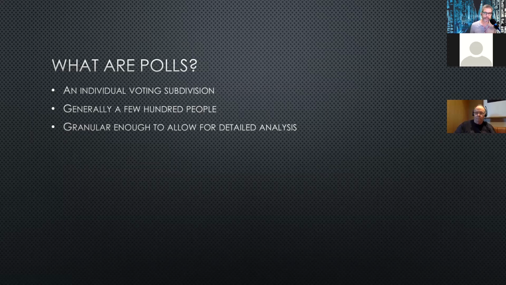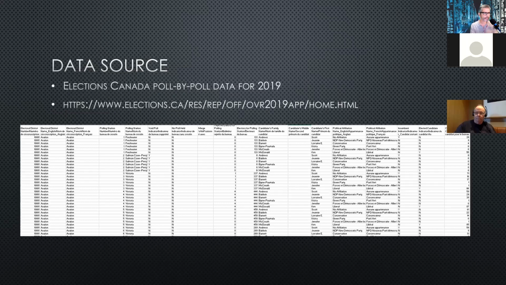And that information, combined with things like demographic information or information about incomes, as well as, if you were part of a political campaign, the campaign's own information about things like their canvass results, combining all of that allows you to do a very detailed and sophisticated analysis of voting patterns in a specific electoral district. So that's the reason why poll by poll data is so valuable.